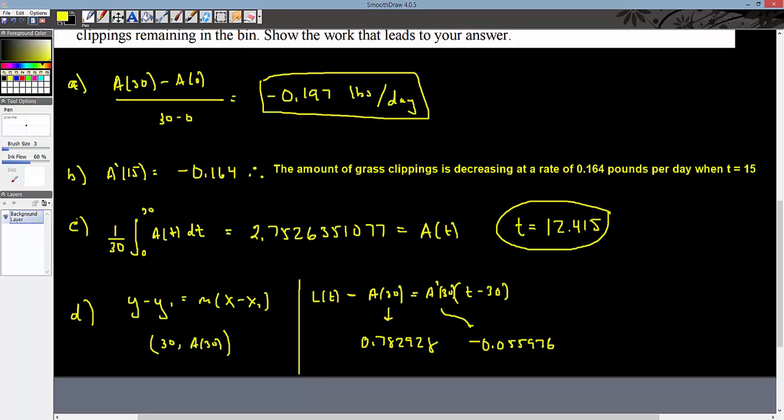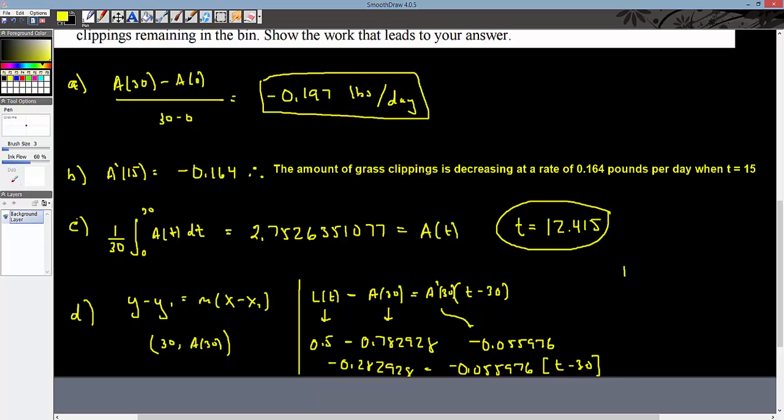Well, L of t is the resulting amount of grass clippings left. This is my 0.5. So all I need to do is figure out when all this is true. If I subtract these two, I'm going to get negative 0.282928, and that's going to equal negative 0.055976 times t minus 30, and I'll solve that in the calculator for t.